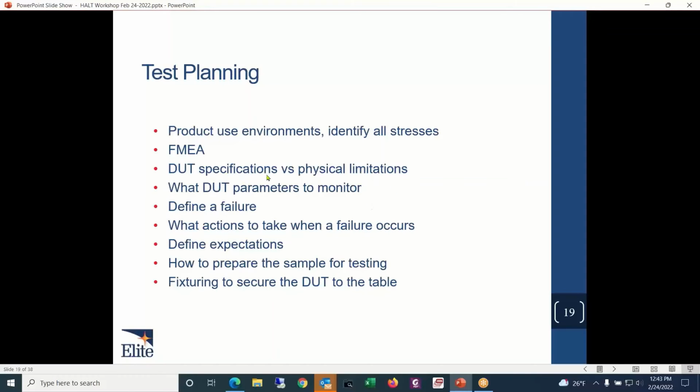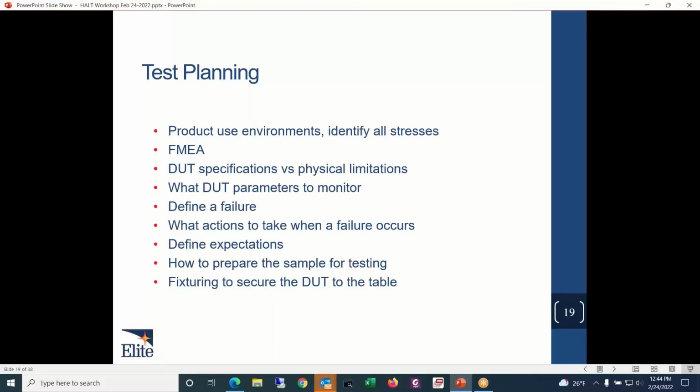Understanding the DUT specifications and physical limitations matters. Sometimes we apply HALT at high temperatures and we begin to melt plastics. We don't really want to do that to a product. It's not really a meaningful result, but knowing some of those limitations will help us craft the test to make it effective for you.